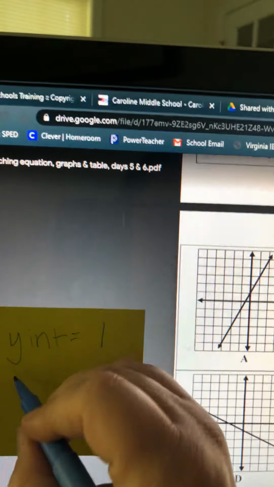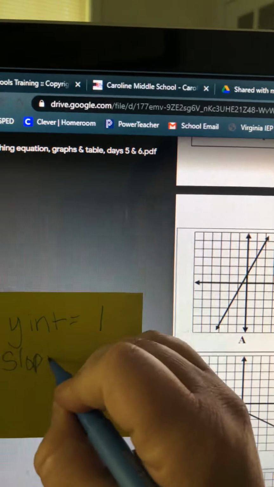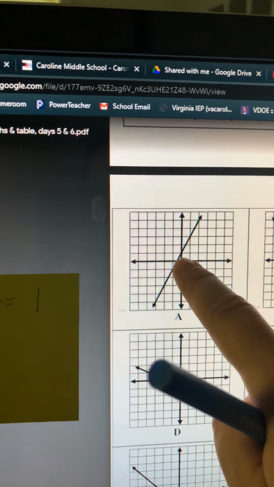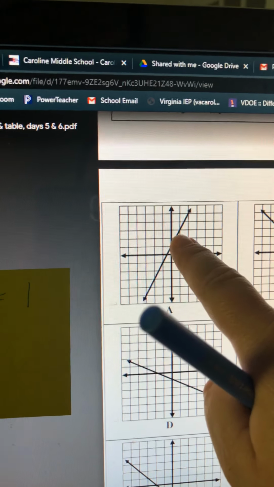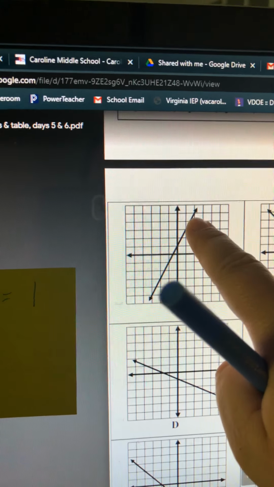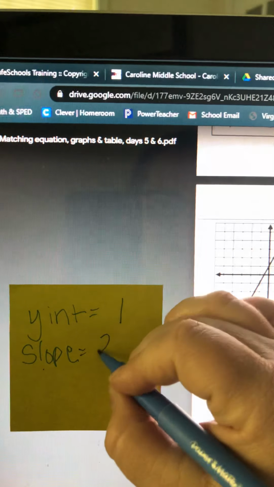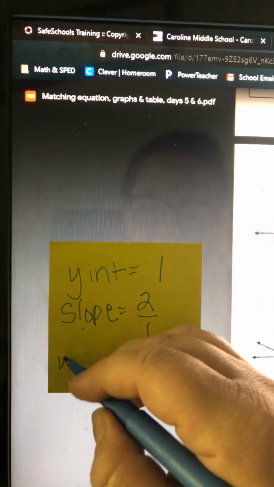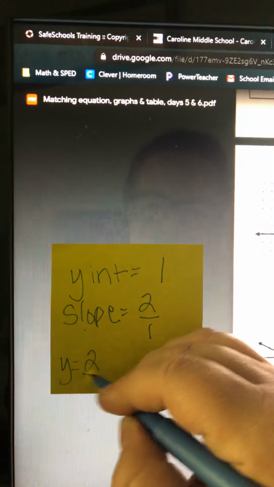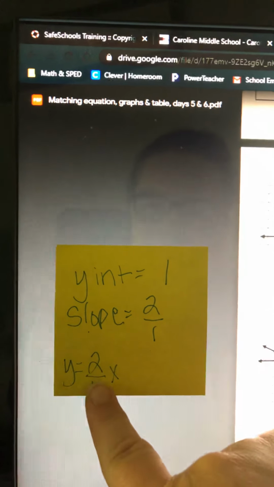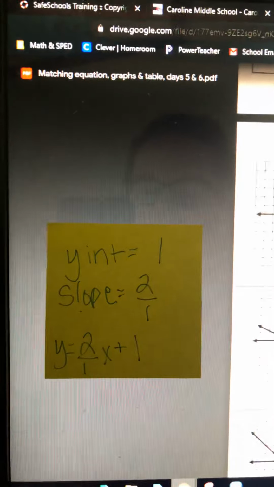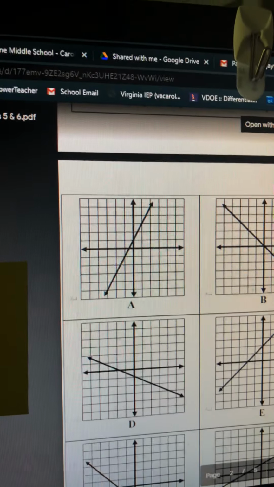My slope is, if it starts here, it goes up 1, 2 over 1, up 1, 2 over 1. So my slope is 2 over 1. Now to put this information in slope-intercept form, it's y equals 2 over 1x, because that's where my slope goes, plus 1. And that's how I get the slope from that.